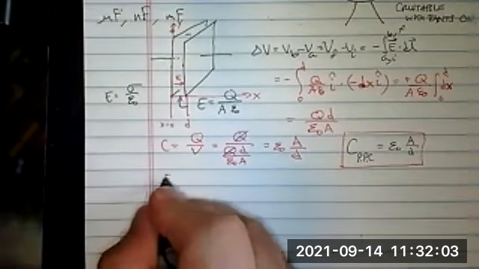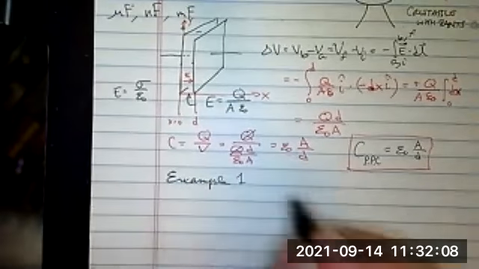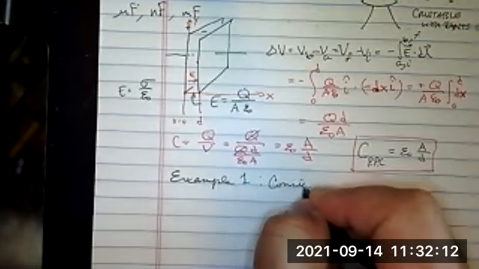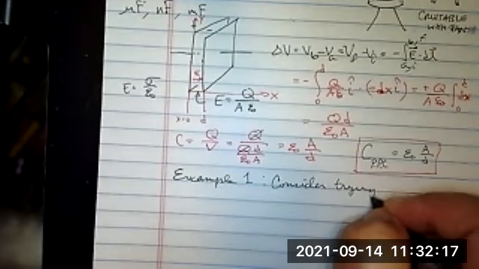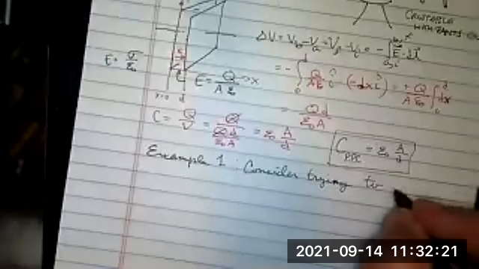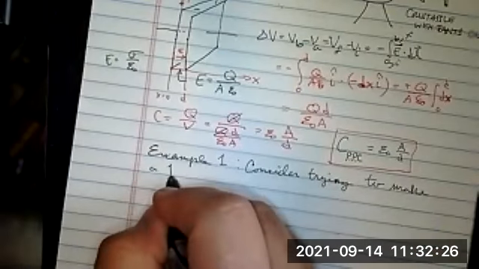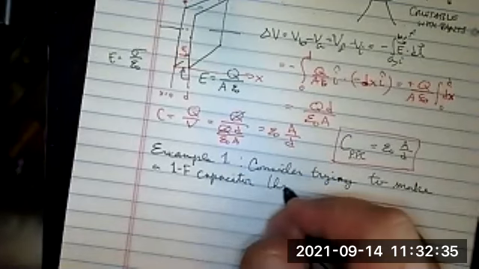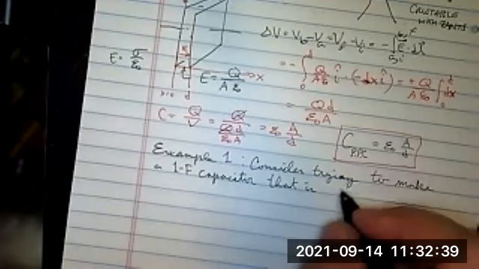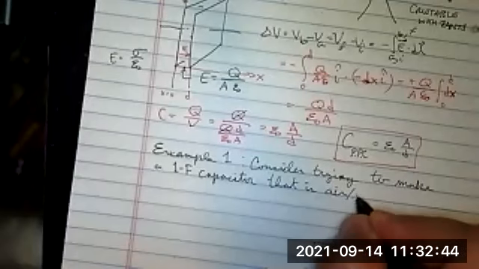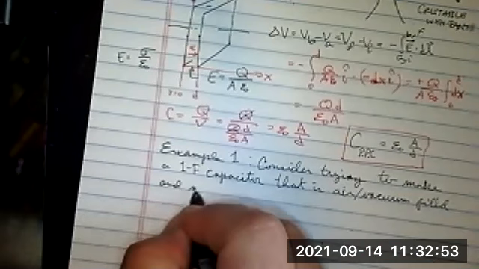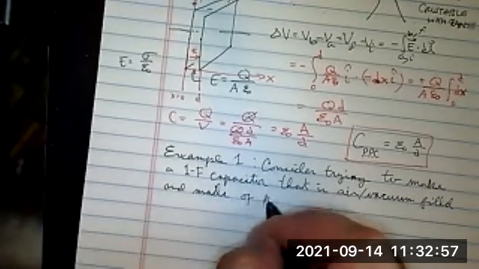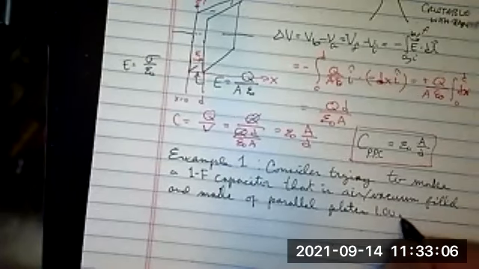So let's do example 1. Consider trying to make a 1 farad capacitor that is air/vacuum filled and made of parallel plates 1.00 millimeters apart.